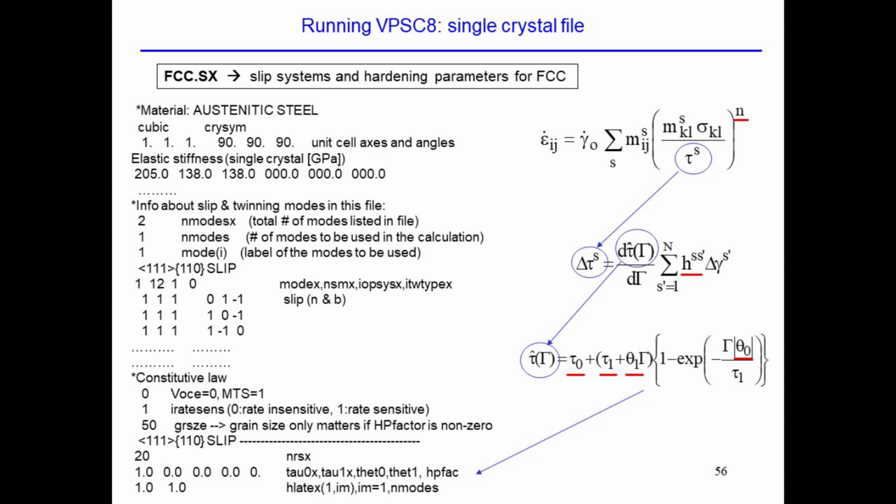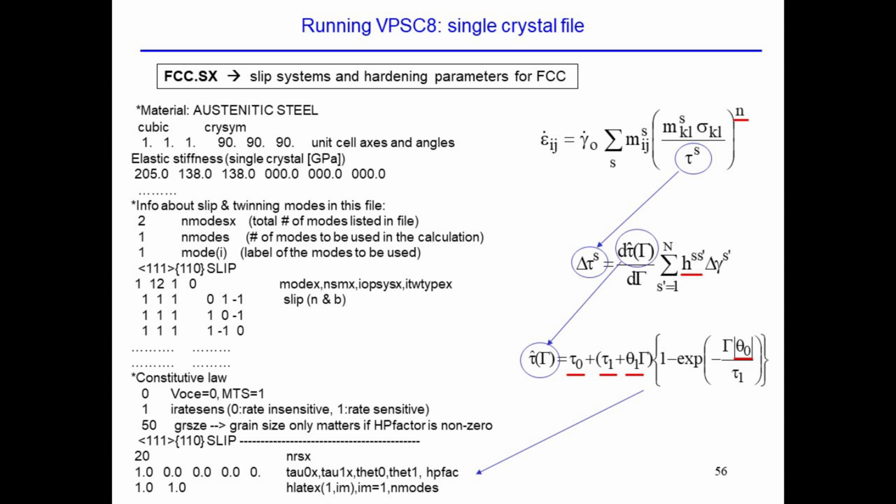It doesn't have to be 3.2 Angstrom, for example. You don't have to give the real number, you just have to give the real ratio between the unit cell axes. And then the angles between the axes. For the cubic it is very straightforward. Then there is the elastic stiffness and the thermal expansion coefficients, which are used in the thermoelastic option of the code.